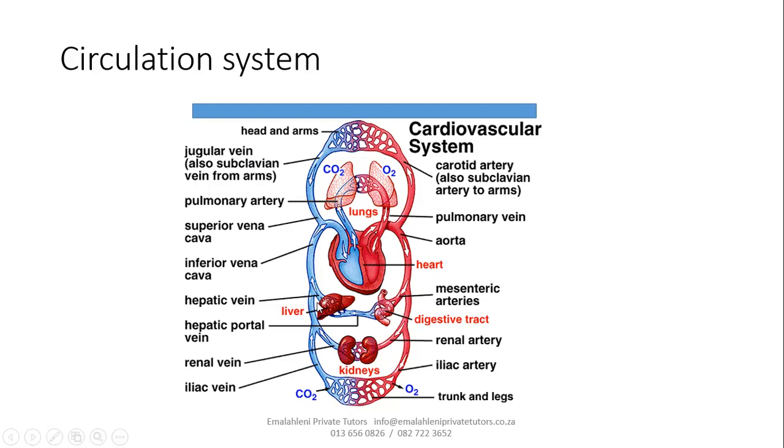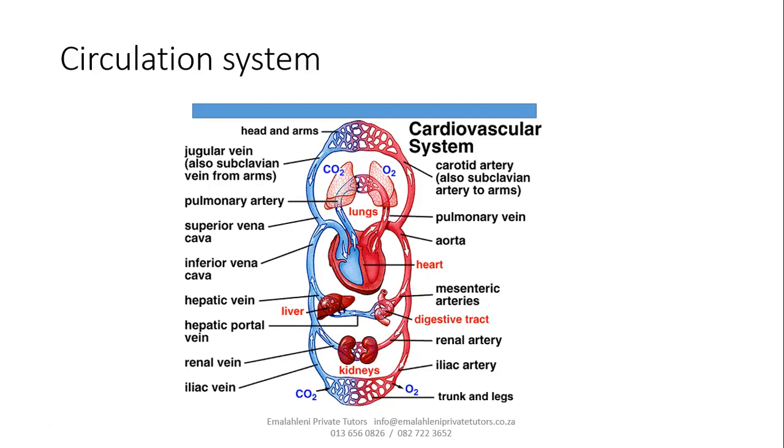Then we also have the hepatic vein from the liver. Veins, remember, transport deoxygenated blood. Then we have the hepatic portal vein, which takes blood from the digestive tract. Then we've got the renal vein, which comes from the kidney. When we talk of renal vein or renal artery, these are from the kidney.